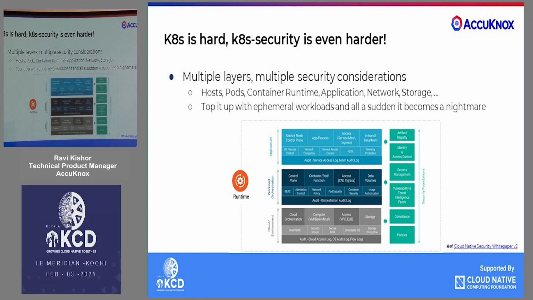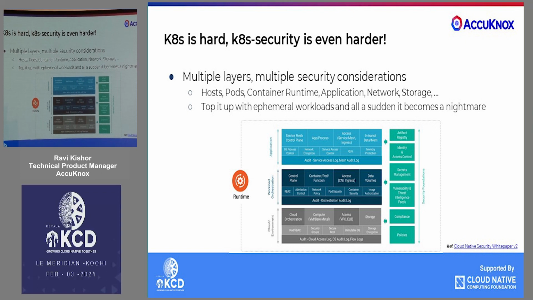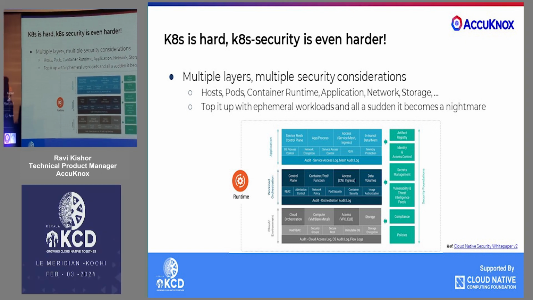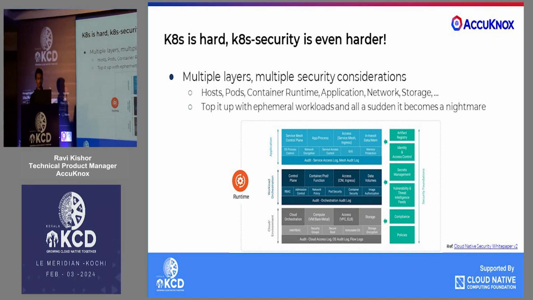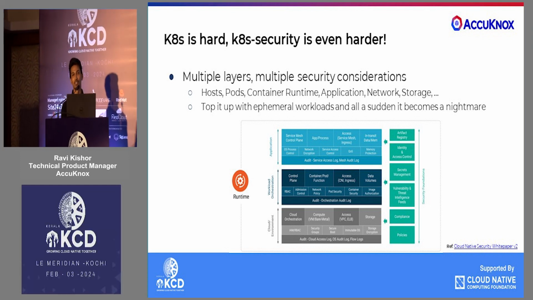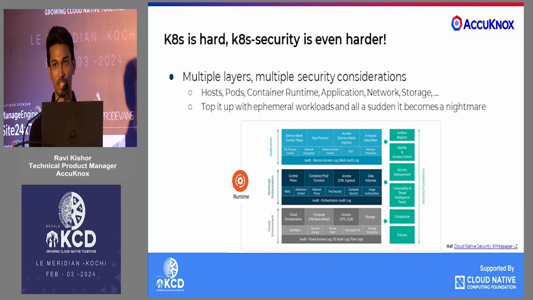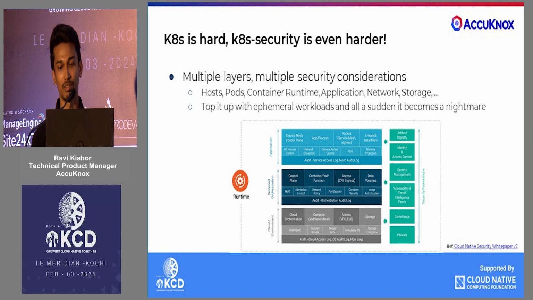Each layer deals with a lot of complexity, and we have to consider compliance and policies and apply them across different layers. So it's not possible to use one tool to get the job done. On top of that, workloads change, and we have communication to the external world, so the scenario keeps changing. It's not possible to get security accepted easily.